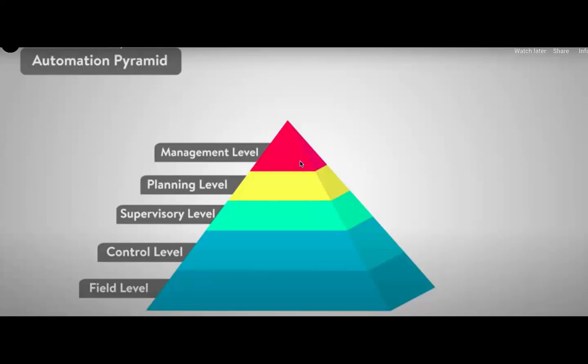And this level is also responsible for controlling process parameters through actuators. So sensors and actuators both fall into the field level.